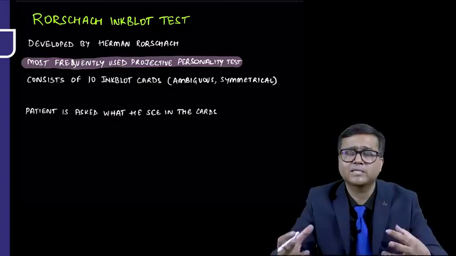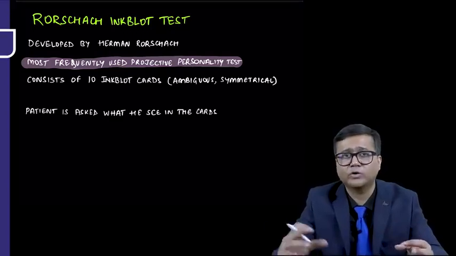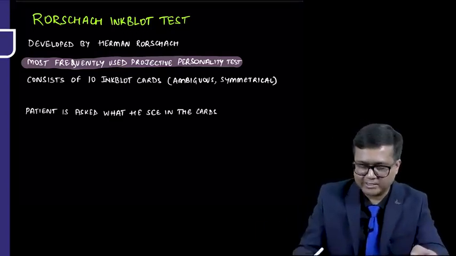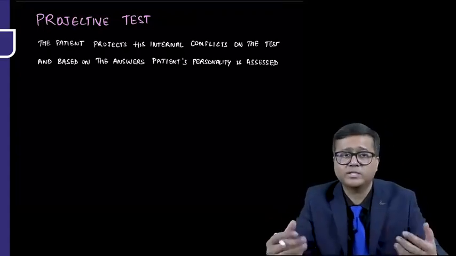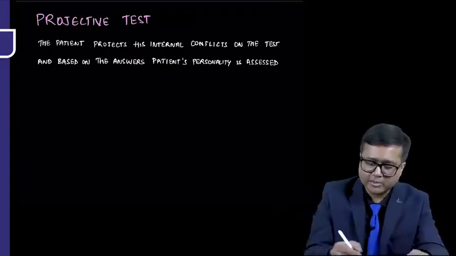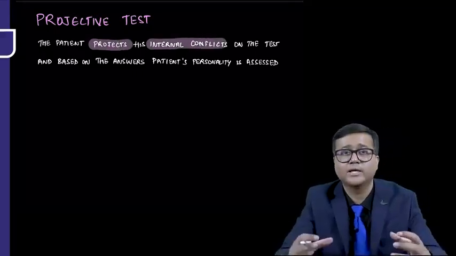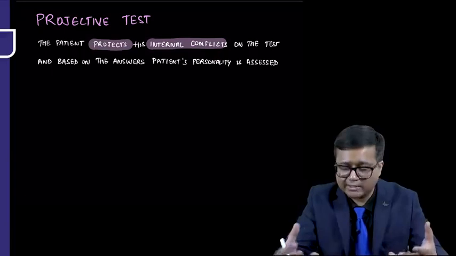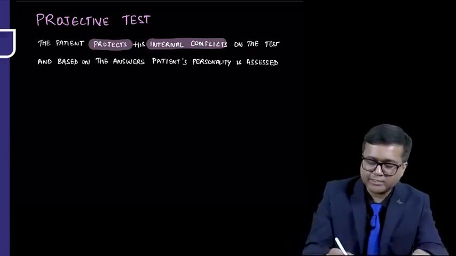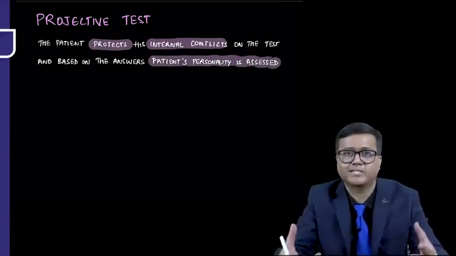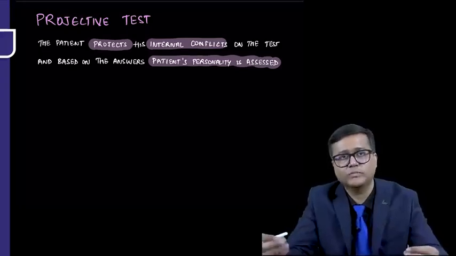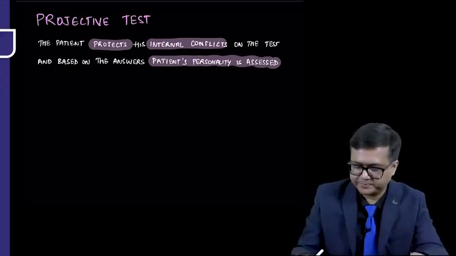The principle of projective tests is that the patient projects his internal conflicts, inner wishes or desires onto the test, and based on the answers, the patient's personality is assessed. So this is one of the projective personality tests.